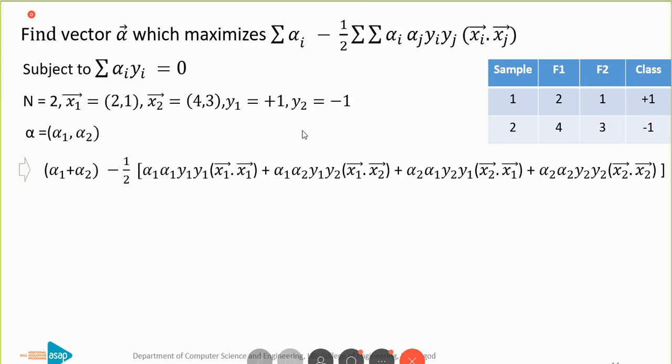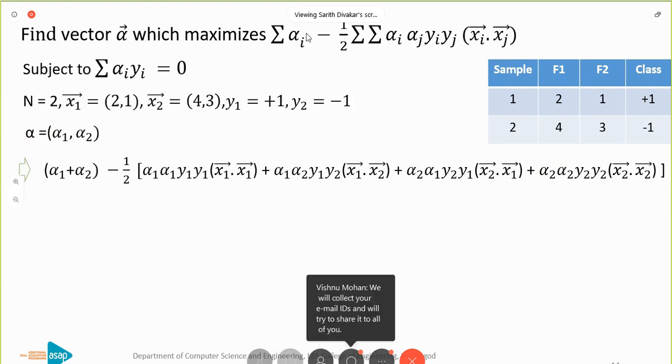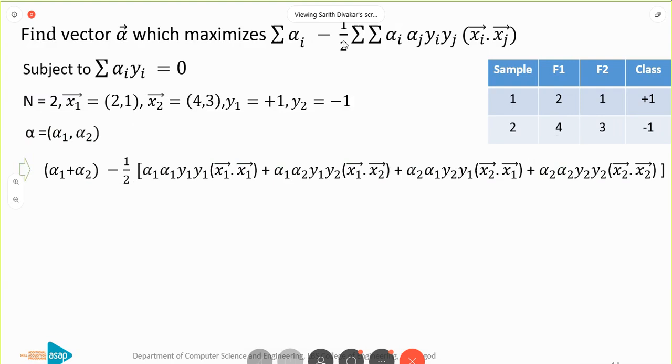So when I substitute these values into this expression, the term sum of alpha i becomes alpha 1 plus alpha 2, minus 1 by 2 into the double summation. For i is equal to 1, j is equal to 1, you get alpha 1, alpha 1, y1, y1, x1 dot x1.